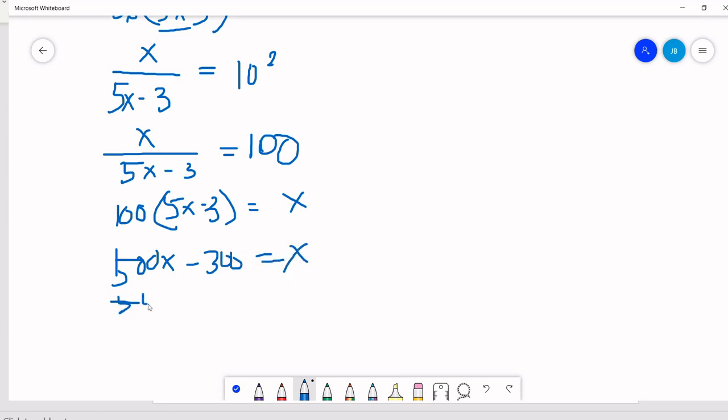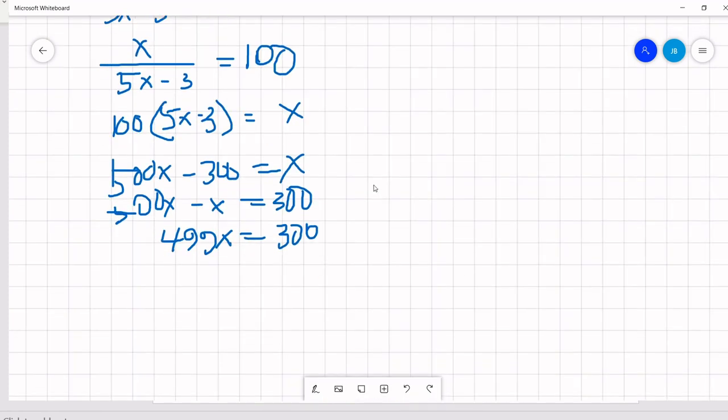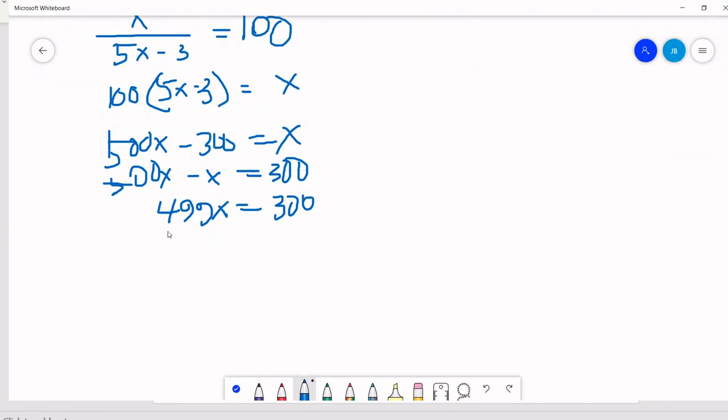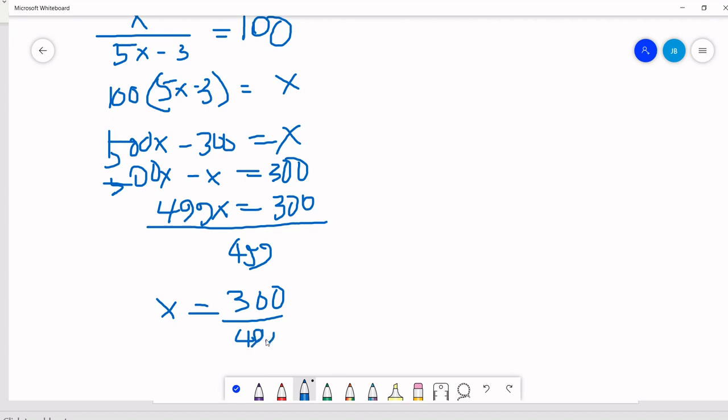So 500x minus x is equal to 300. So therefore, you have 499x equals 300. Divide both sides by 499. So your x is equal to 300 over 499.